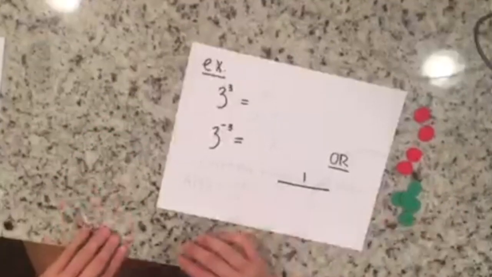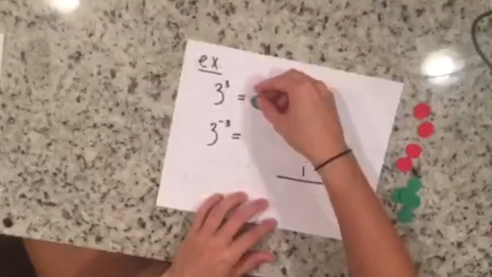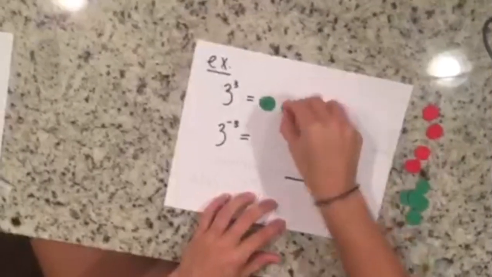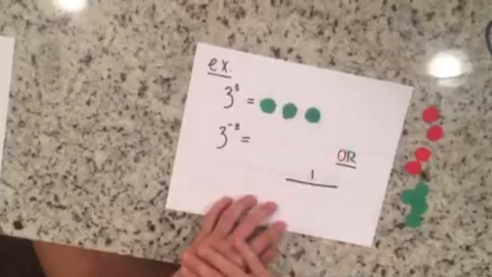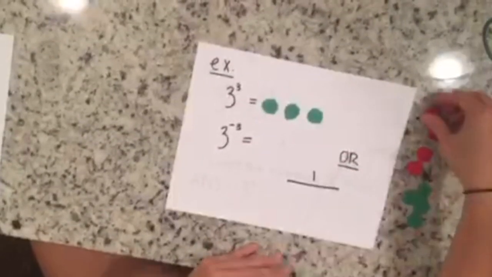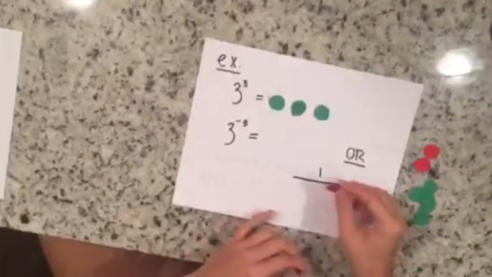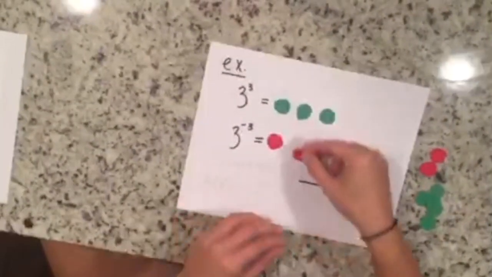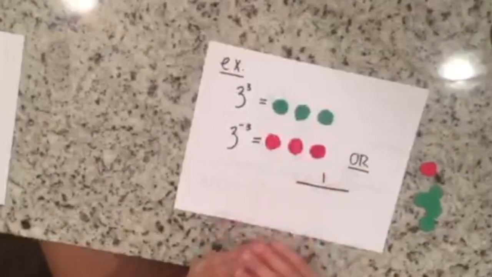So we're first going to just practice using our tiles a little bit. So to write 3 cubed, we can put 3 green tiles, because that's 3 positive 3's. And then for 3 to the negative 3 power, we can put 3 negative tiles, 3 red tiles.